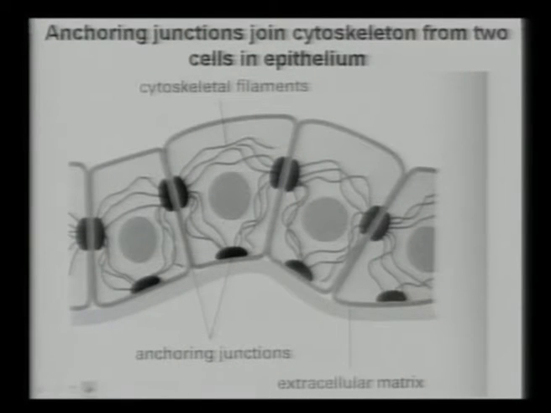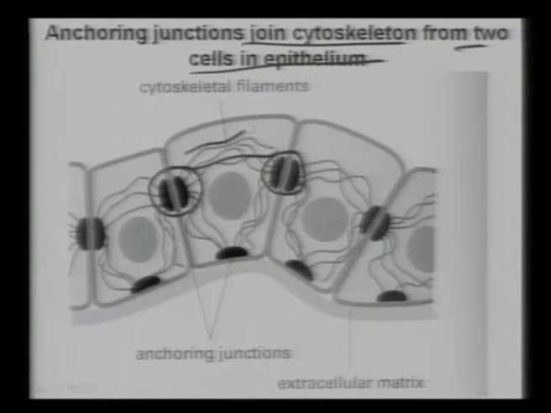Now these are the anchoring junctions, and these anchoring junctions join the cytoskeleton from two cells in the epithelium. These particular junctions are called anchoring junctions, and these are the cytoskeletal filaments. What you see is that cytoskeleton filaments from cell 1 are getting attached to cell 2.